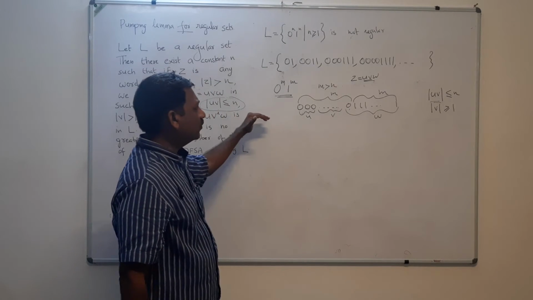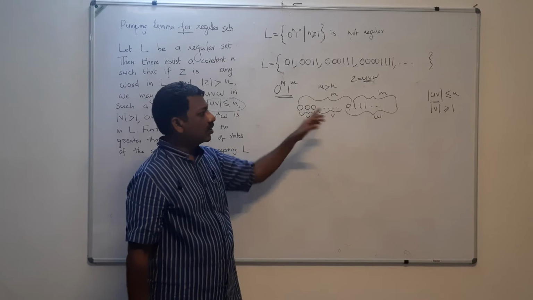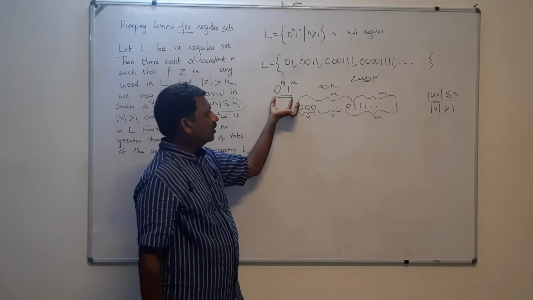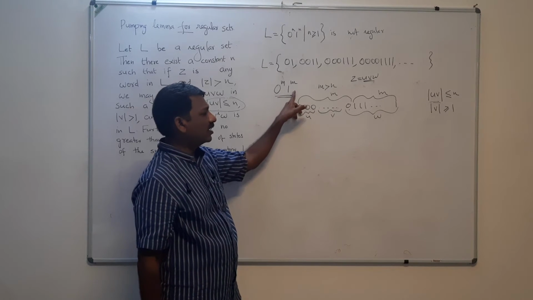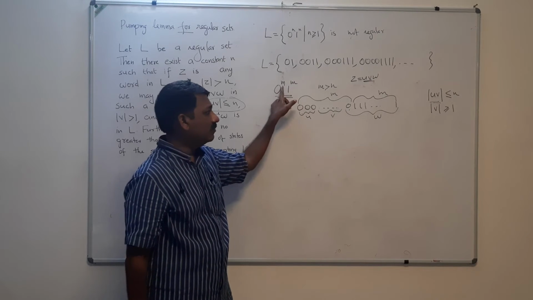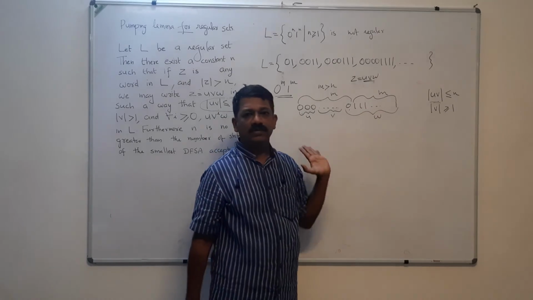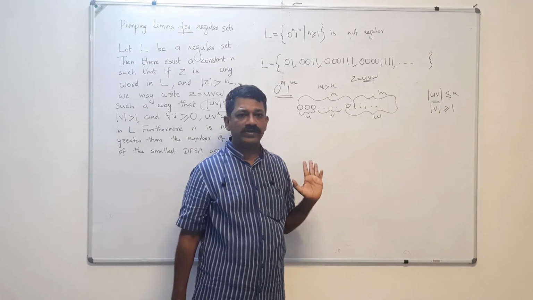Now, you have carefully chosen a valid string according to our language, that is 0 raised to m, 1 raised to m, where m is greater than n. That means m number of zeros followed by m number of ones.